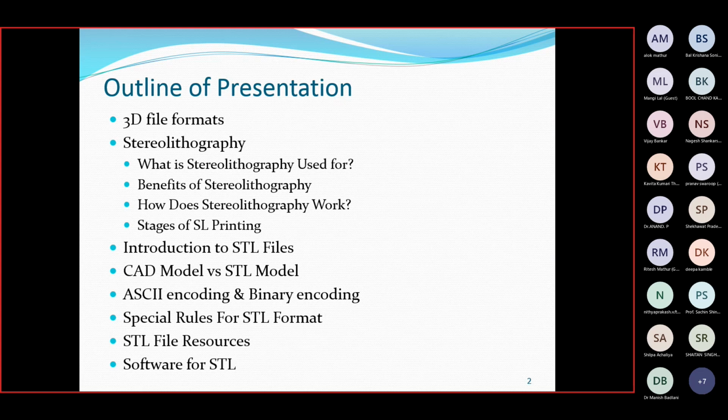Then further we will move on to the introduction of STL files and CAD model versus STL model. There are basically two types of STL models, or you can say STL files. The one is ASCII encoding, and the second one is binary encoding. We will see that part also, and how we can write our own STL files in ASCII encoding.